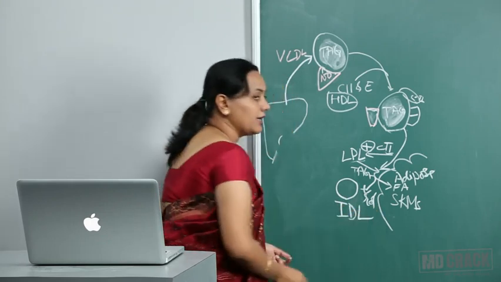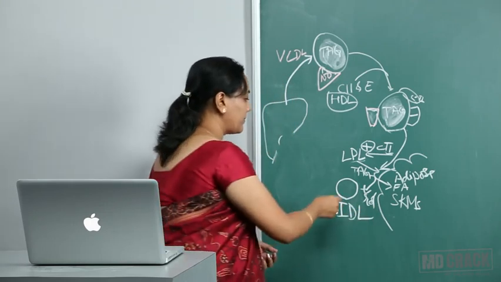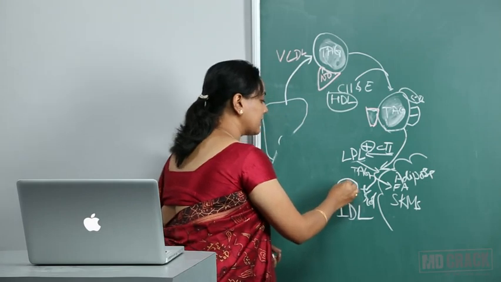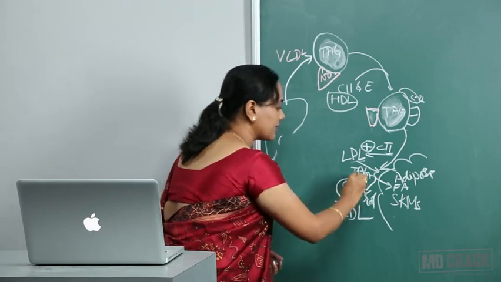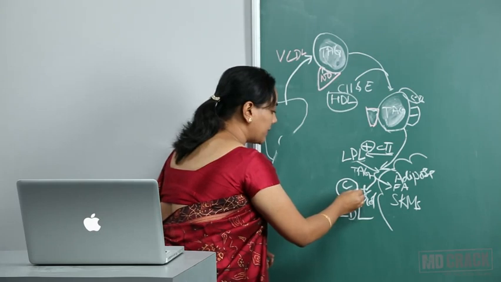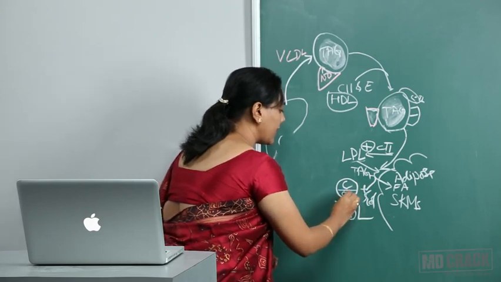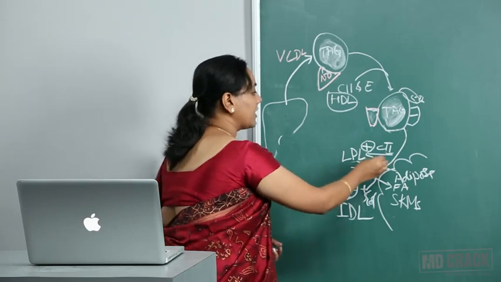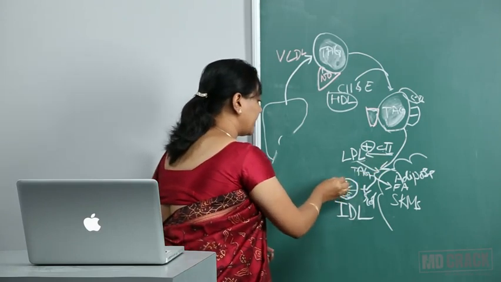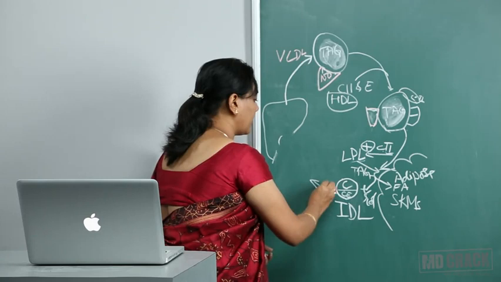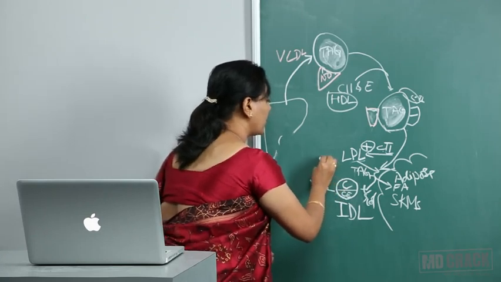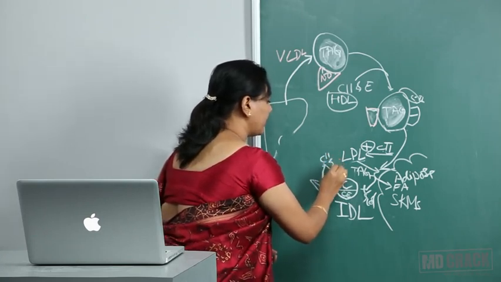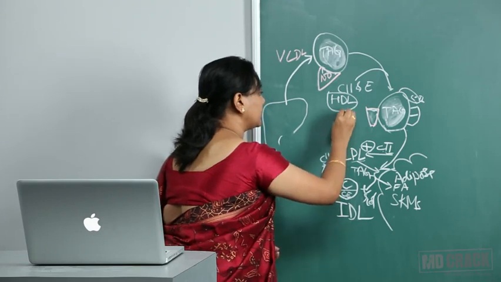IDL. Okay, this IDL has very little triacylglycerol, but has a lot of cholesterol and cholesterol esters. Now IDL is still having ApoC2 and ApoE. It gives out ApoC2 and ApoE to HDL.